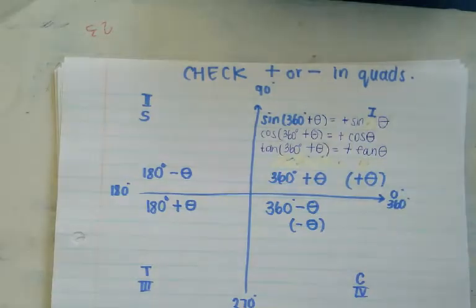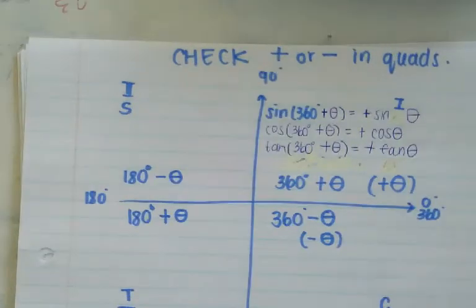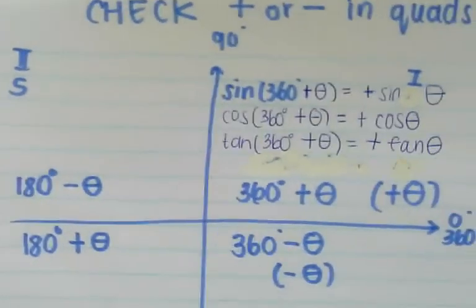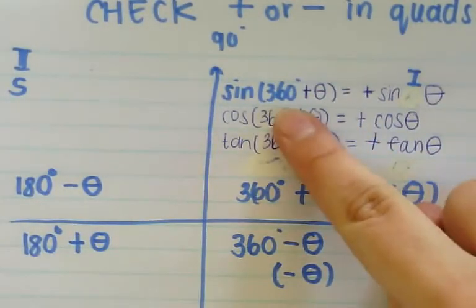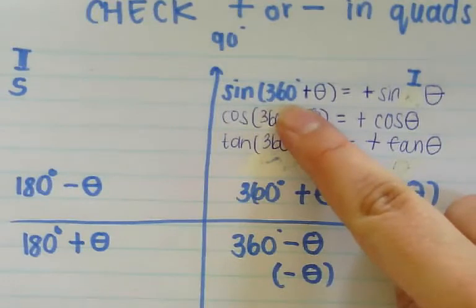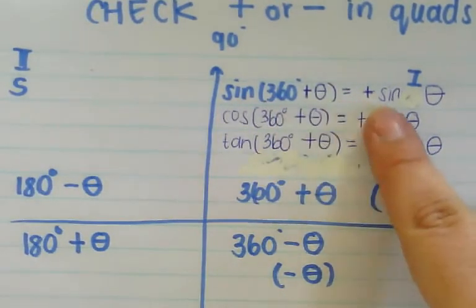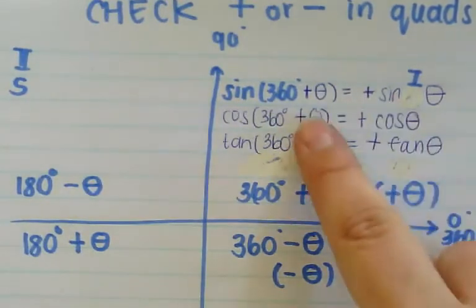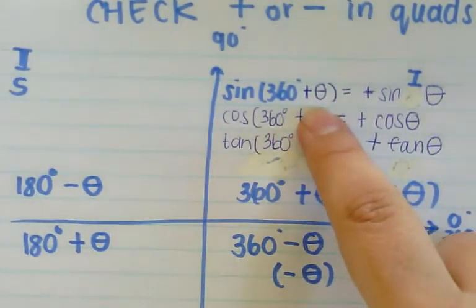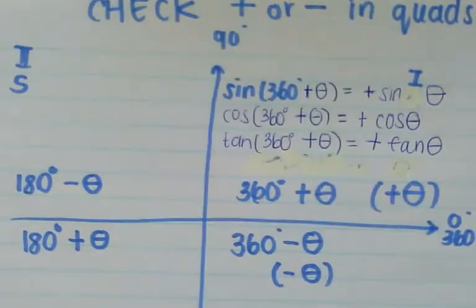So I can reduce it to just tan theta. It will give me the same exact answer. So if I have, say, for instance, sine 500, that would be the same as positive sine 140. Because the 140 is what got me to the 500. That's my first quadrant.